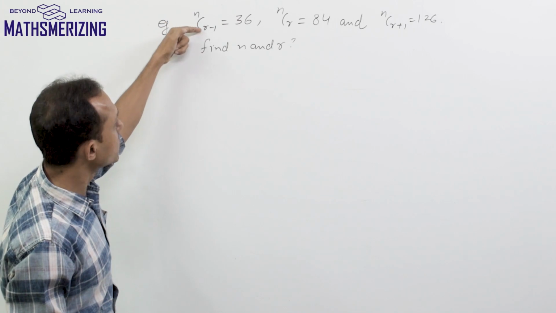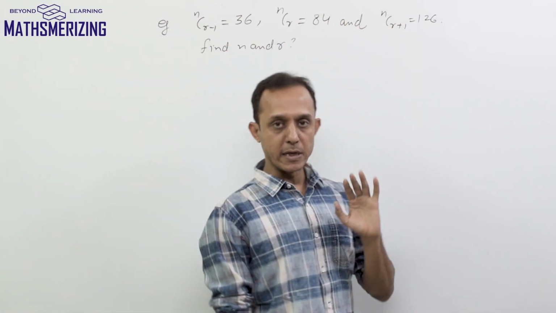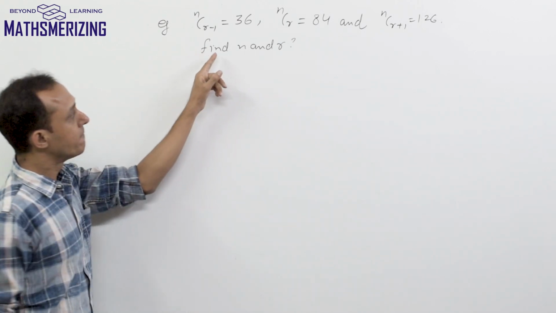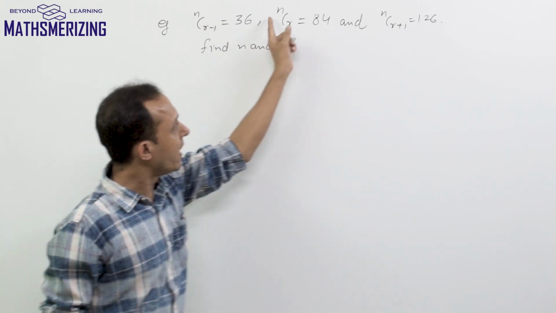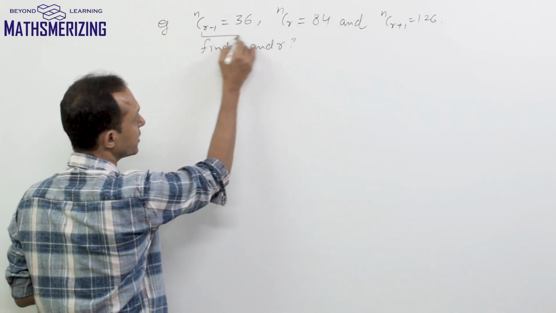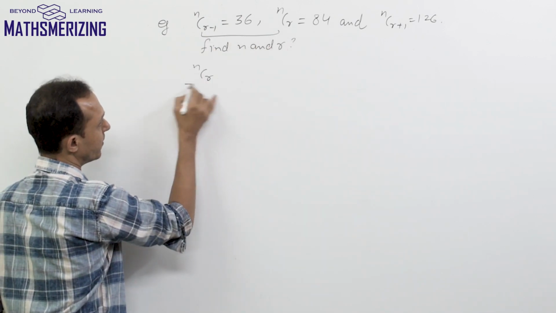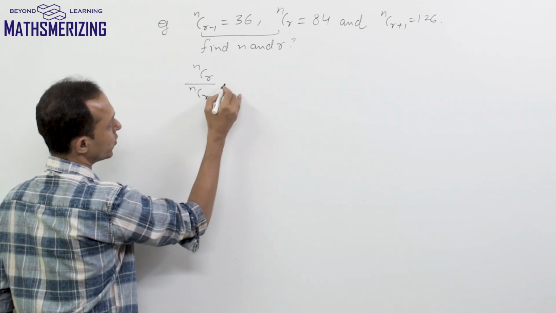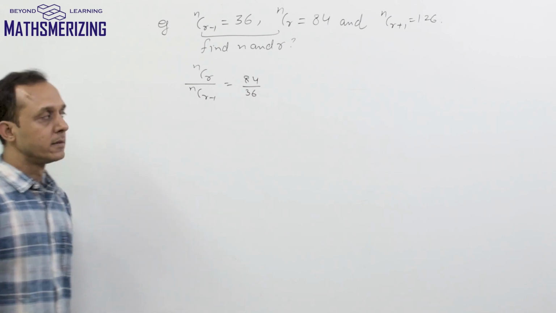Say for example, the question is nCr minus 1 equals 36, nCr equals 84 and nCr plus 1 equals 126, and I need to find the value of n and r. Now what I see is n is the same, r differs by 1, n is the same and r differs by 1. So I'll take these first two expressions and express it as nCr upon nCr minus 1, and I can write it as 84 upon 36.